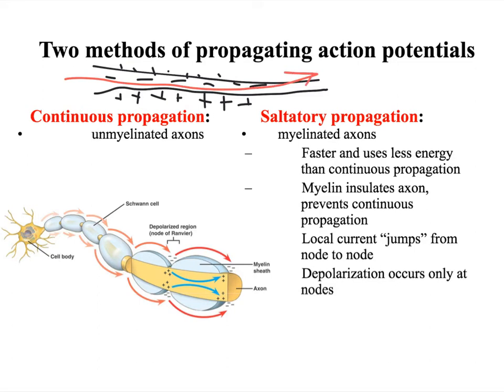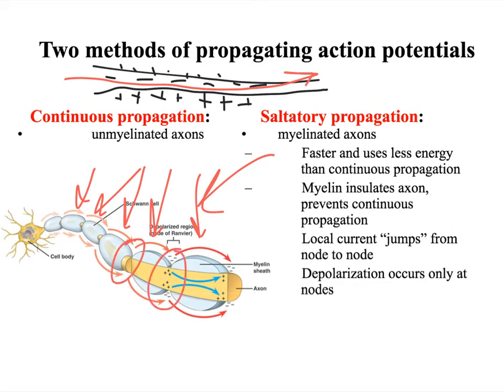Saltatory propagation, and that's what this example is, occurs when you have myelinated axons. Remember that in the peripheral nervous system you have Schwann cells, and you have many of them that will wrap around these axons. And these gaps are referred to as nodes of Ranvier. So in an unmyelinated axon, you've got to open all these channels to propagate that action potential.